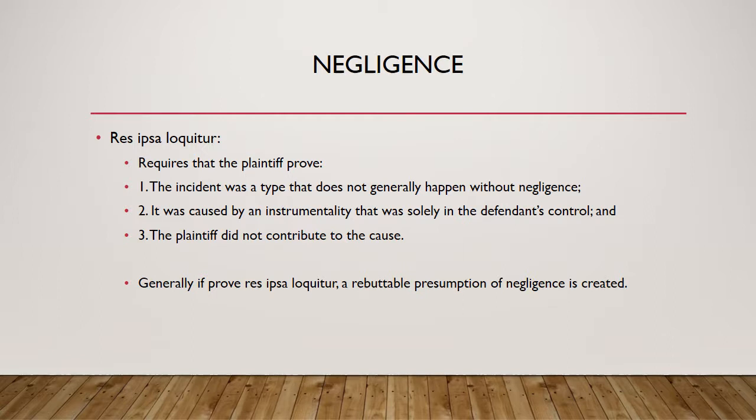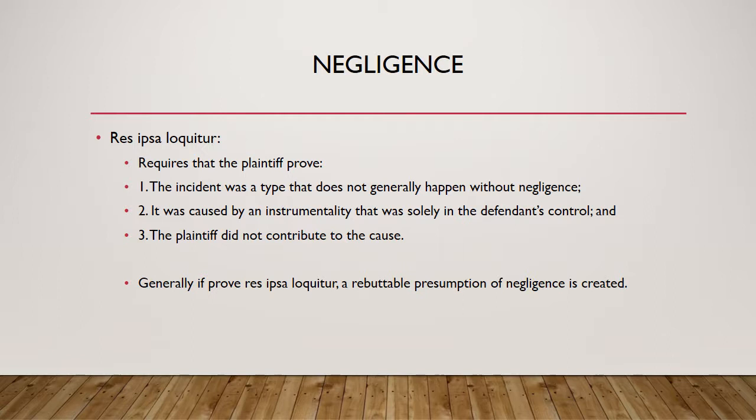Well, the plaintiff didn't see what happened. The plaintiff and no one else may know what happened. And that's a scenario in which the plaintiff may rely upon the res ipsa loquitur doctrine to prove negligence against the defendant, the store.